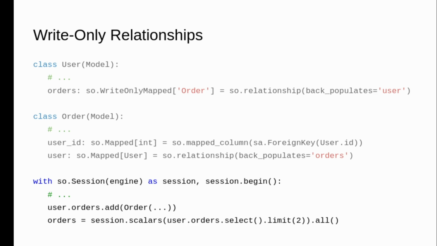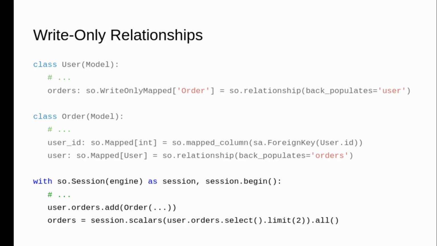So how do you use this? If you want to add an order, you just do orders.add, and that does it, even though user.orders, in this case, is not a list. It's not something that you can use to get the relationships directly. If you do need to get the relationship, you can use user.orders.select, and that returns a query.